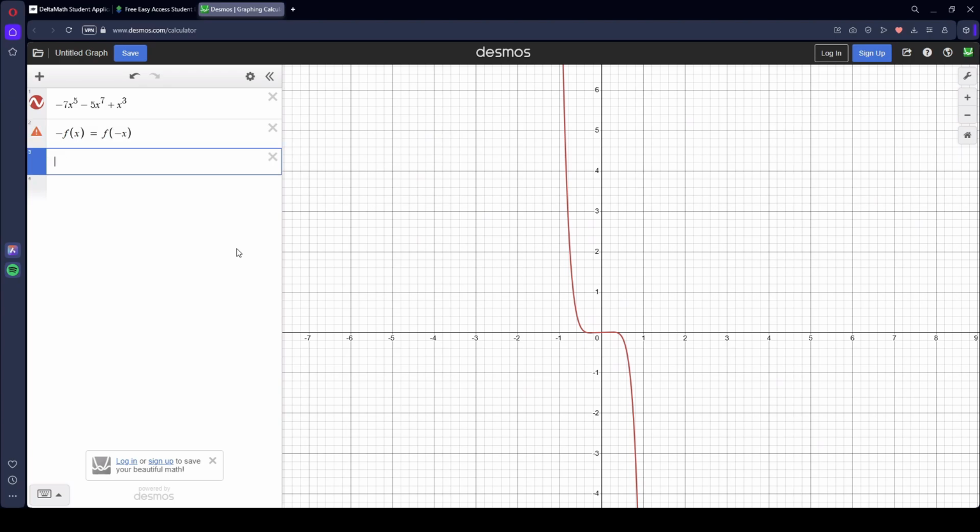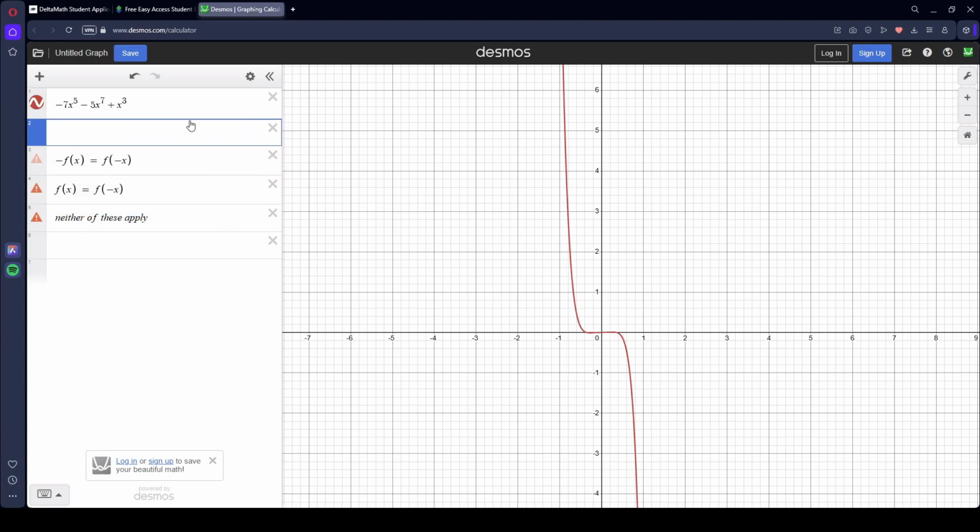While for odd, we find if f of x is equal to negative f of x. And for neither, it would be that neither of these apply. Those are the three criteria.